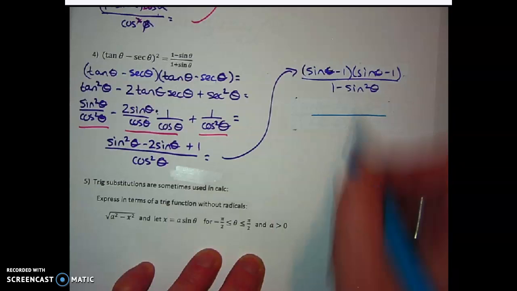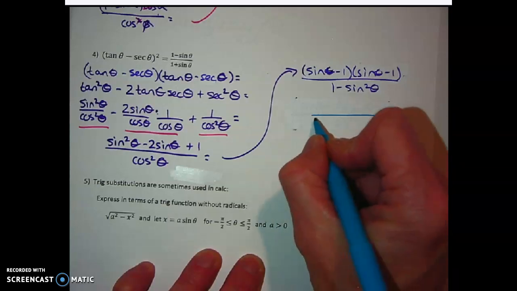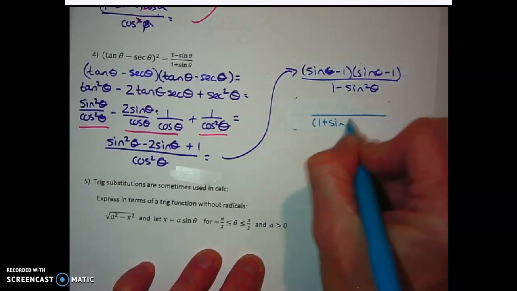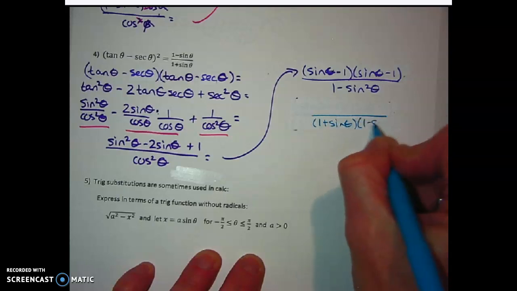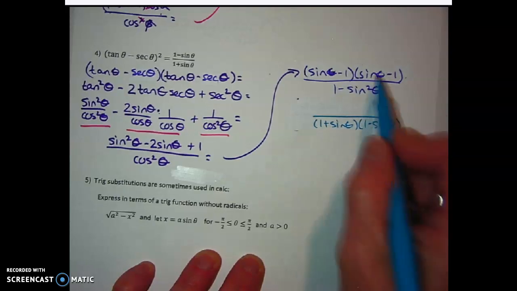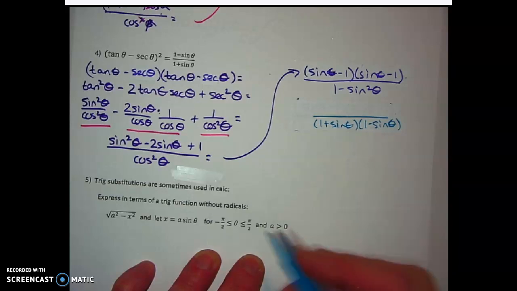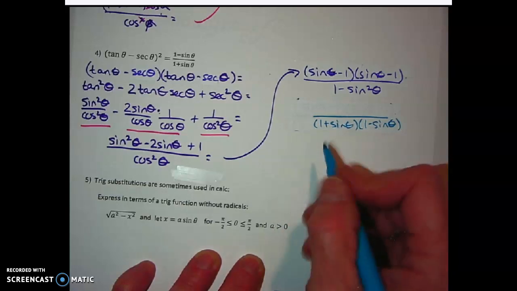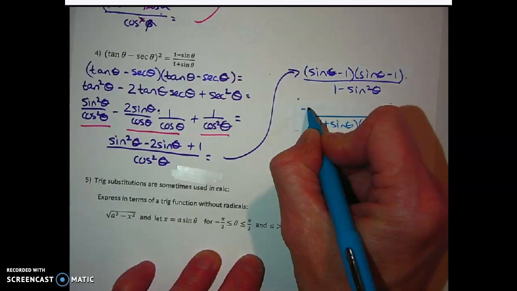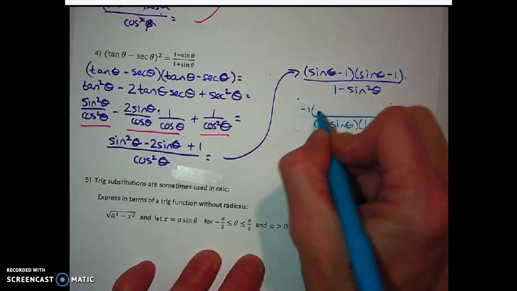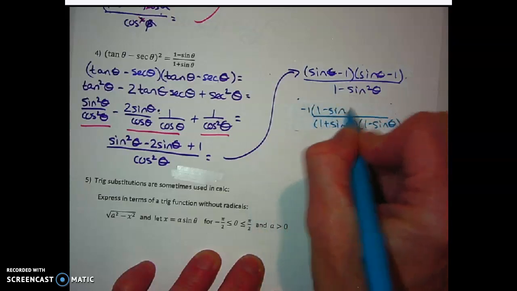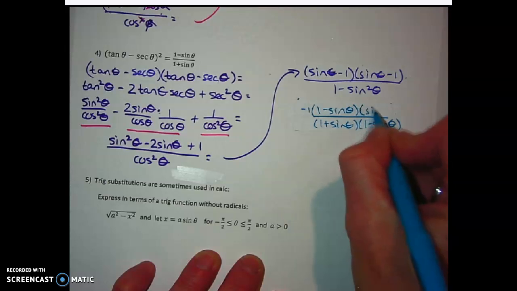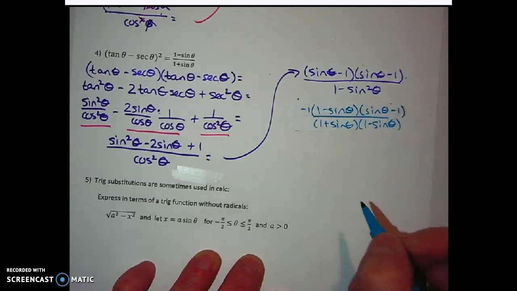Again, hopefully you can recognize that this is a difference of perfect squares, so I can write this as 1 plus the sine of theta and 1 minus the sine of theta. Now I have the sine of theta minus 1, but I have 1 minus the sine of theta. So I'm going to factor a negative 1 out of this. That's going to give me 1 minus the sine of theta times the sine of theta minus 1.